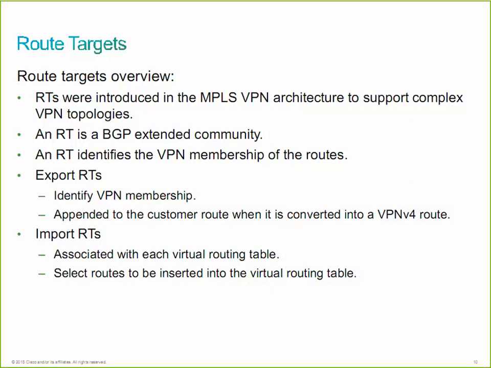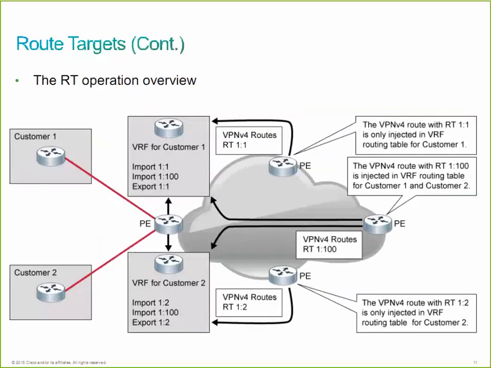We identify the set of VPNs from which the virtual routing table is accepting routes through the configuration. Let's take a look at a diagram, and hopefully that will help clear things up with regard to all the terms that we're using and the operation of route targets in this implementation.